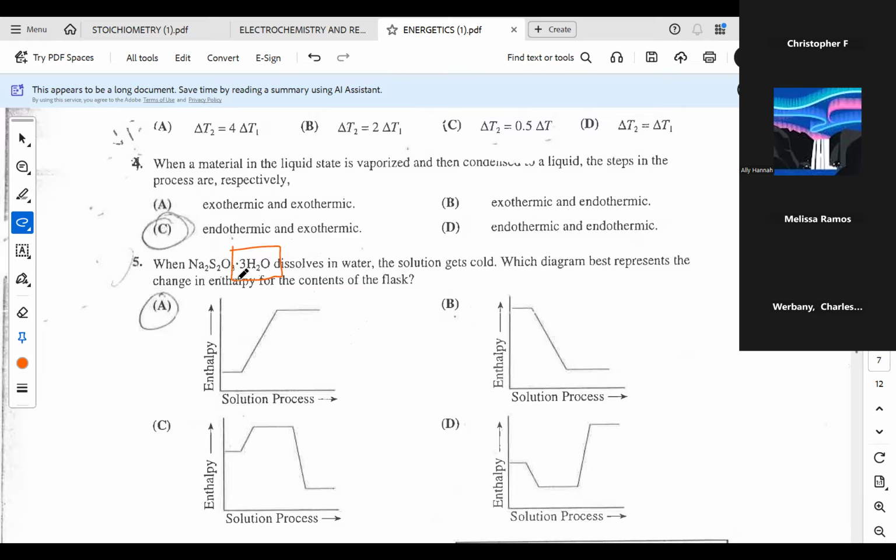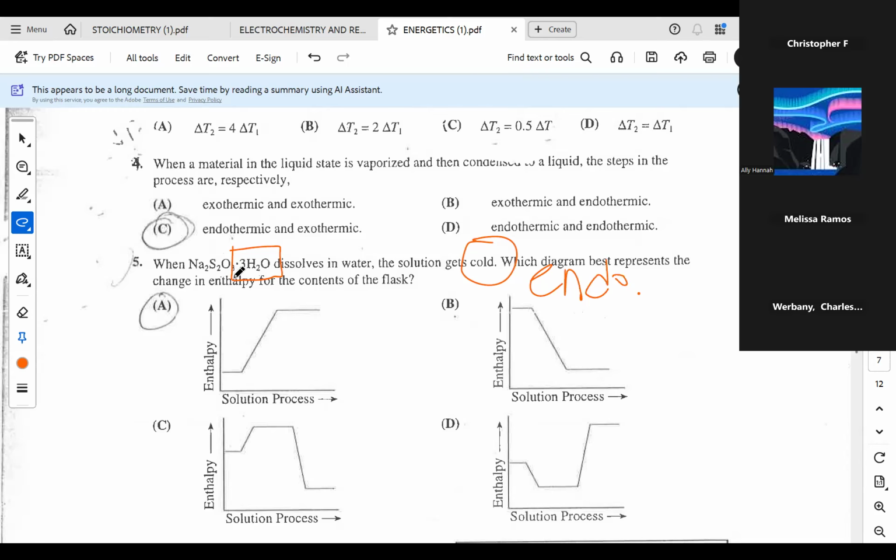And we're told here that when this dissolves in water, our solution gets cold. So if you remember, that means that we would have to put energy in to our process to get something to dissolve. Remember I mentioned that, if you're holding something as it dissolves and the beaker gets hot, that will be exothermic. But if our beaker gets cold, this is telling us that it's an endothermic dissolve process.